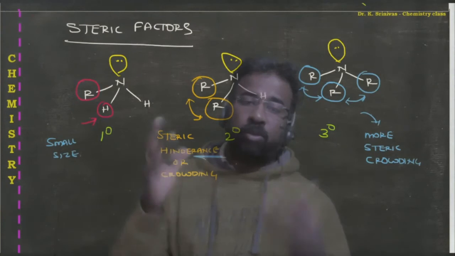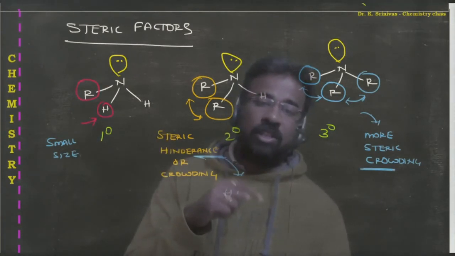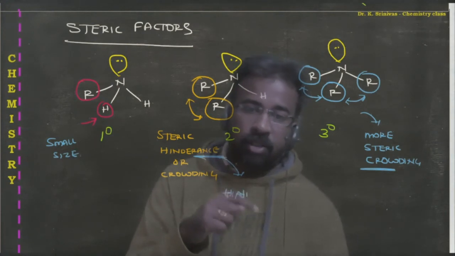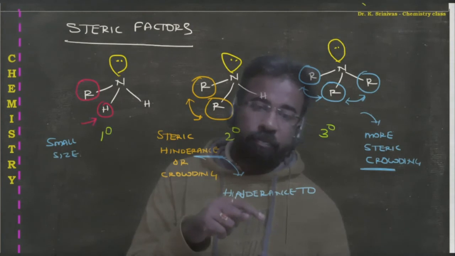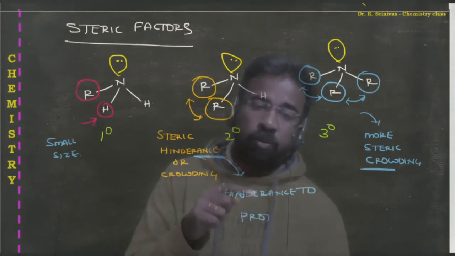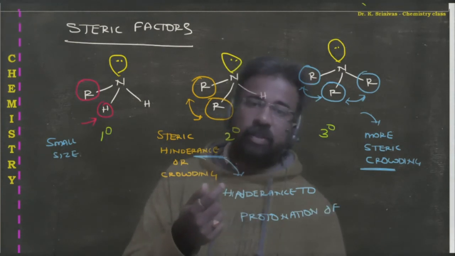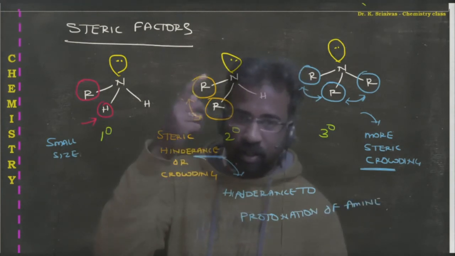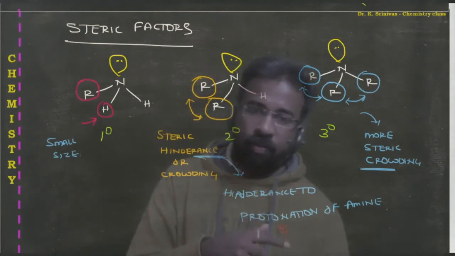So we have two things here. Whenever we have hindrance, we have to check these two points which are there on your screen. Hindrance will have an impact on protonation. Already we know about the protonation; just now we studied it in the slide. Protonation of amine is difficult.